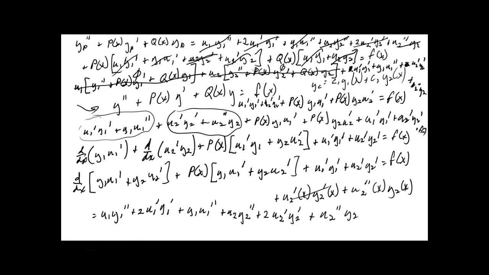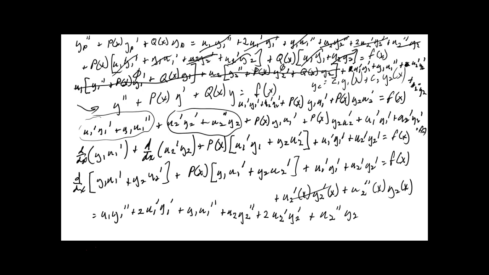Now, these are the arguments of a derivative. This is a factor of the p of x. And then that's just a combination. That's equal to f of x.